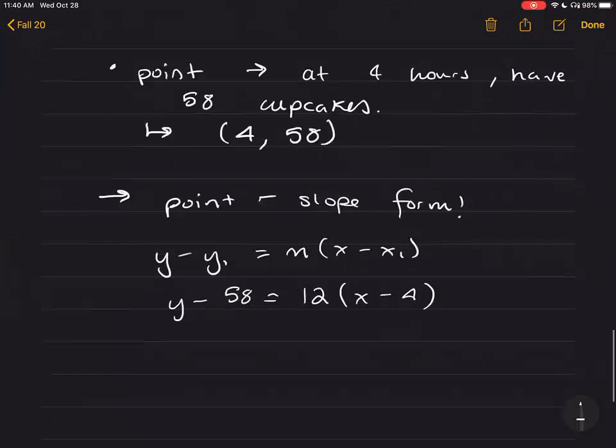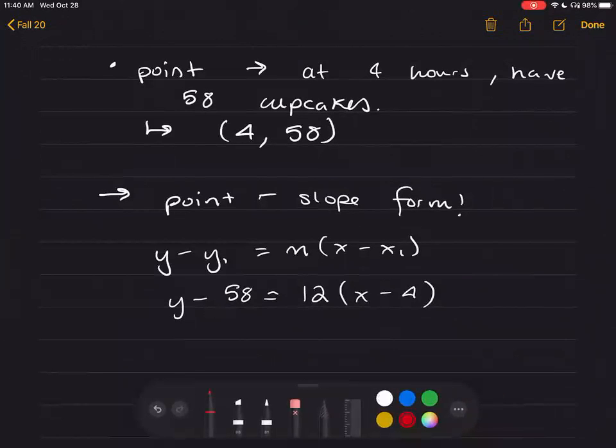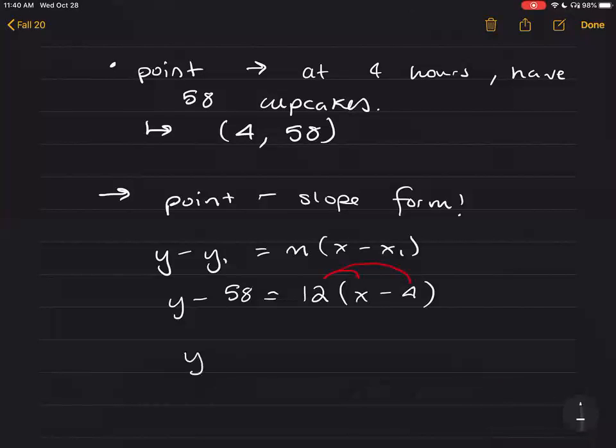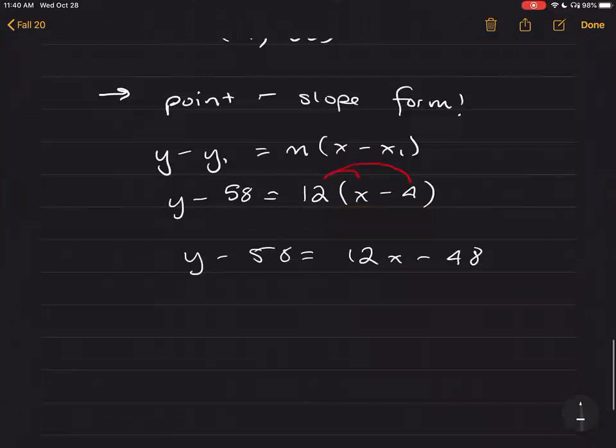All right, and then I'm going to distribute this 12 into here like this. And so then we get y minus 58 equals 12x, and then 12 times minus 4 is negative 48. And then if we add 58 to both sides to solve for y, we get y equals 12x plus 10.